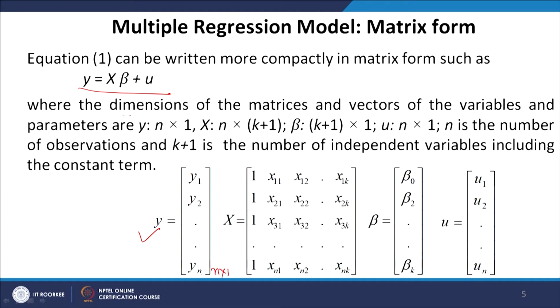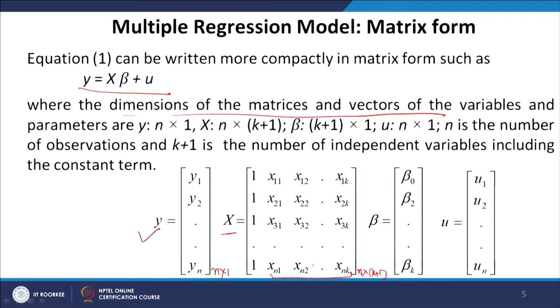I have also mentioned here the dimensions of the matrices and vectors of the variables and parameters. Accordingly, you can see that x, the matrix of independent variables, will have n rows and k plus 1 columns. So, this is the one column and these are the k columns for the k independent variables.